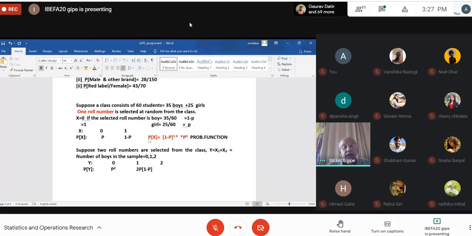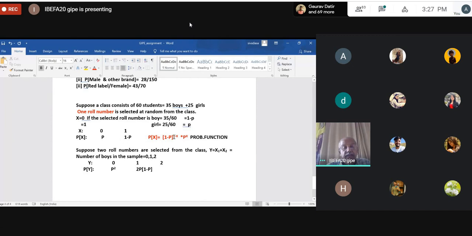Thank you. 1 minus P. You are perfectly right. So now y equal to 1. So 2 times p into 1 minus p. And what is 2? That is 1 minus p bracketed power 2.